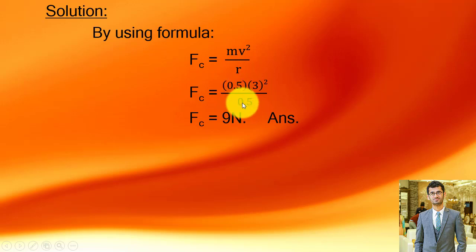These two terms, 0.5 and 0.5, they will be cancelled out with each other, and we are left with the square of 3. So we get the value of centripetal force as 9 Newton. That is, the square of 3 gives us 9 Newton, which is the answer of this question.